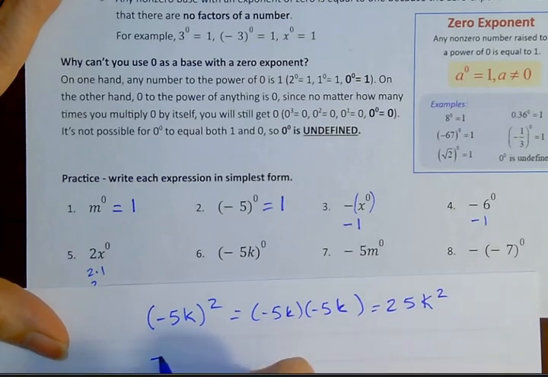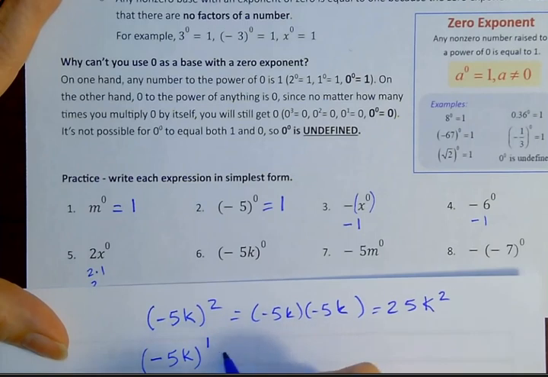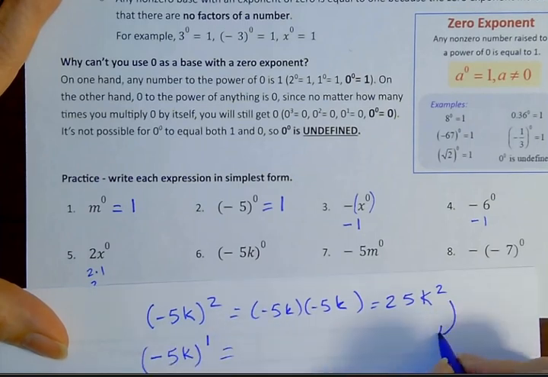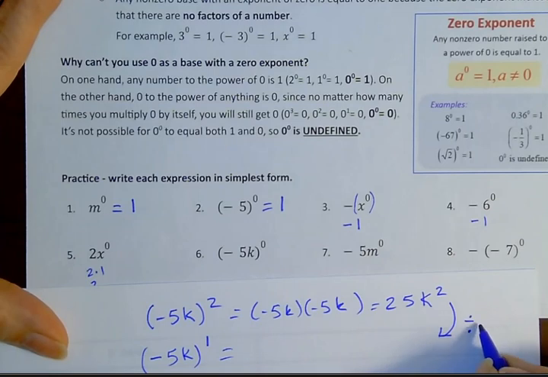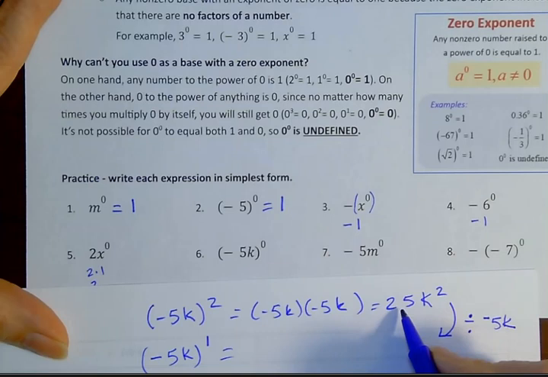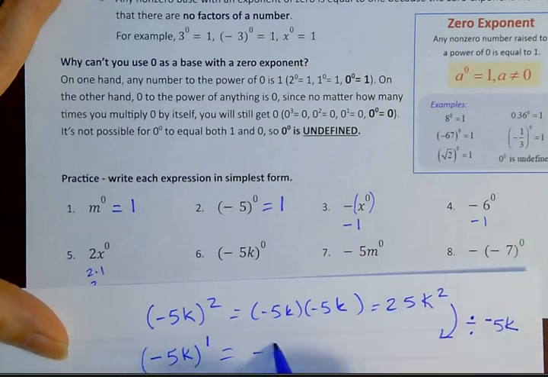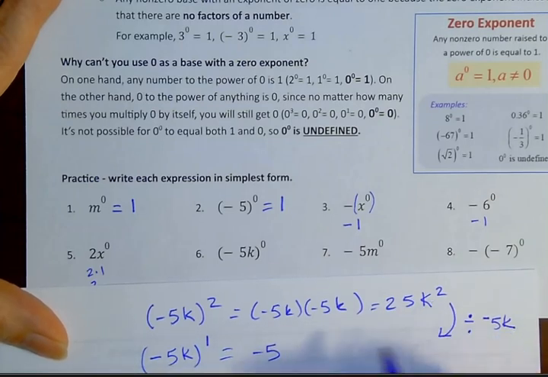Okay, if I now want negative 5k, that amount, to the first power, I am dividing by the base. The base is everything inside that parentheses set. So I'm dividing by negative 5k. 25 divided by negative 5 is negative 5. K squared divided by k is just k. And so negative 5k in parentheses to the power of 1 is negative 5k.